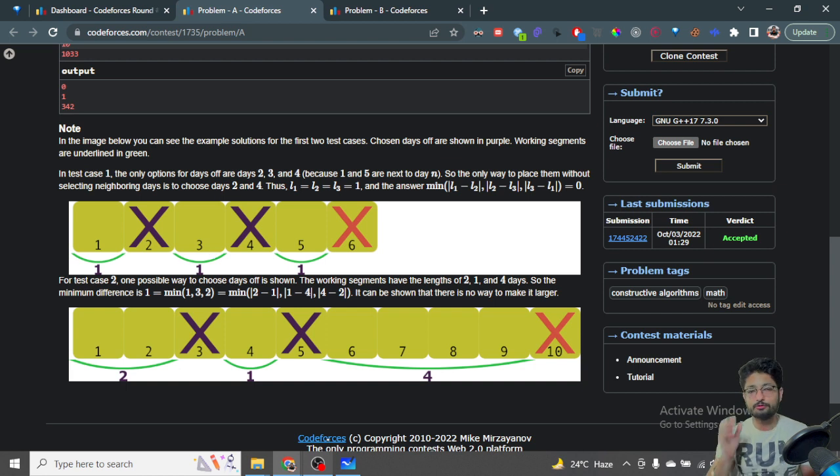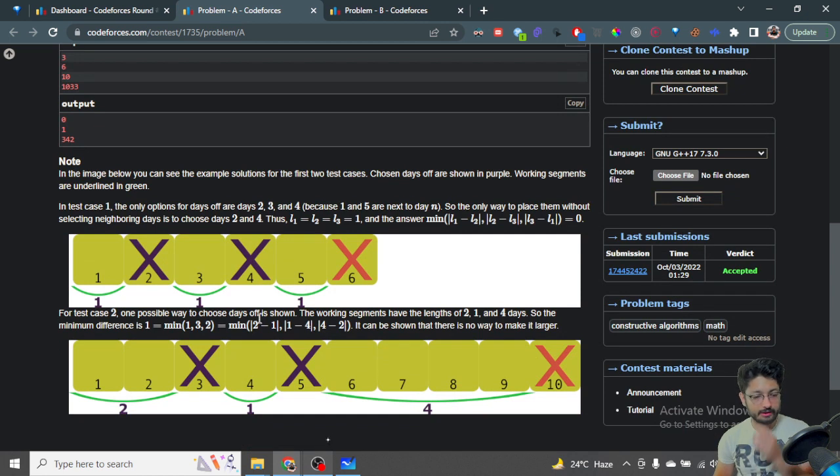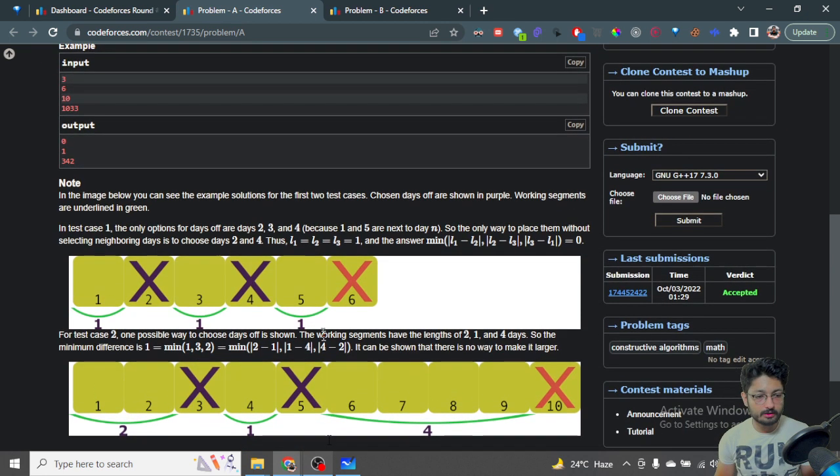Then you just have to find the absolute differences between them. One difference is 2 minus 1, another is 1 minus 4, and the last is 4 minus 2, because these are the differences you have to find. And the minimum of all of them, as you can see, is equal to 1. The minimum of them is this 2 minus 1, which is 1, and you have to maximize this. So that's the overall thing.